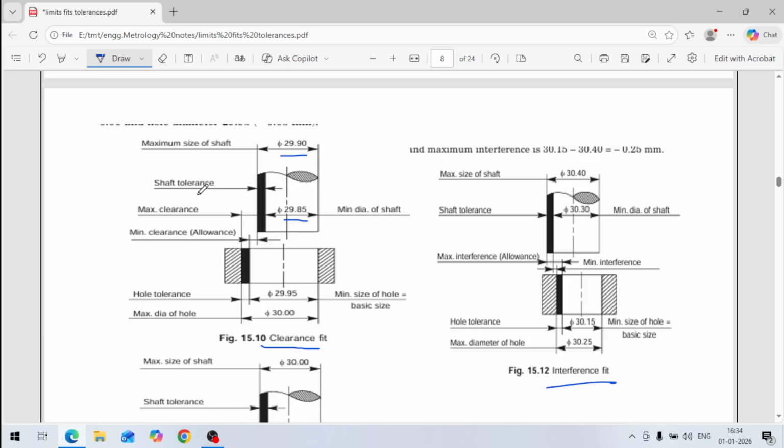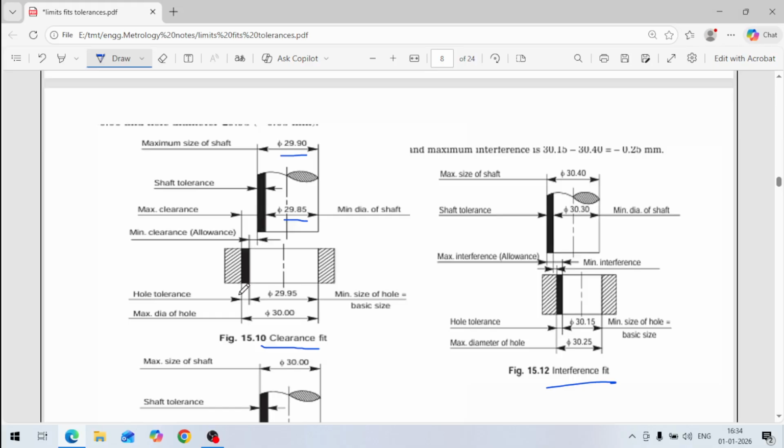This is called the shaft tolerance. How much is the tolerance? 29.9 minus 29.85, so it is 0.05 mm. This is the tolerance of the shaft.